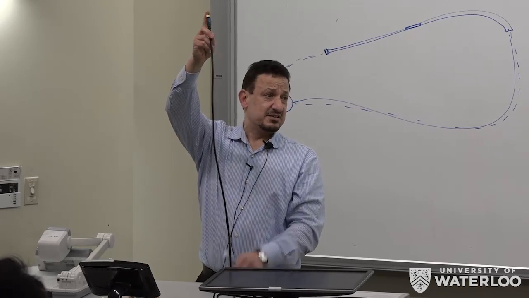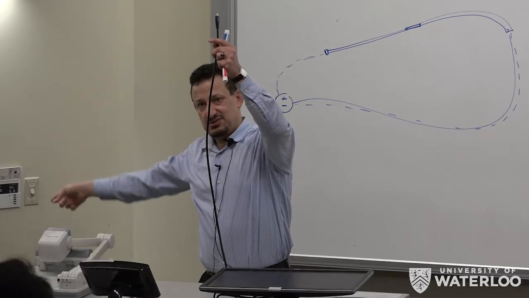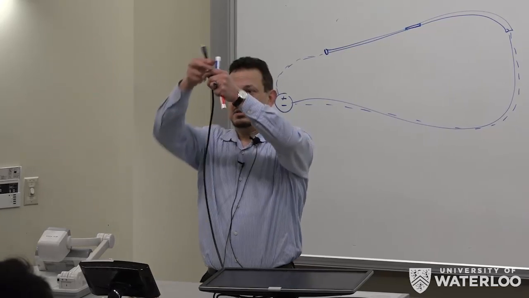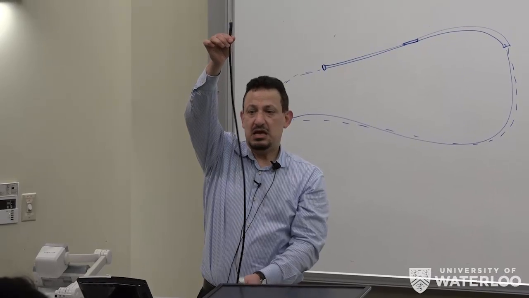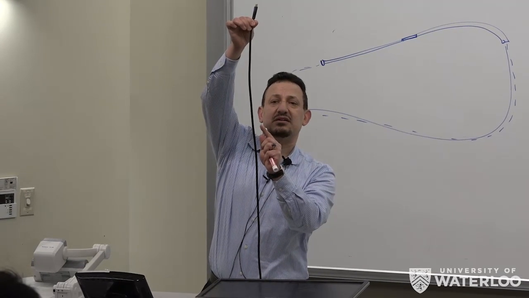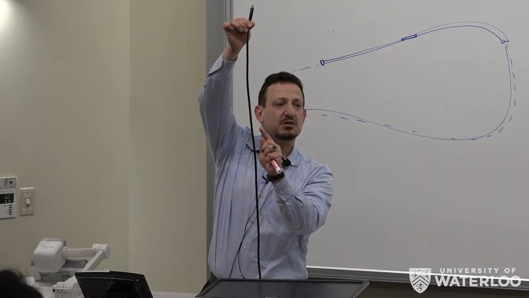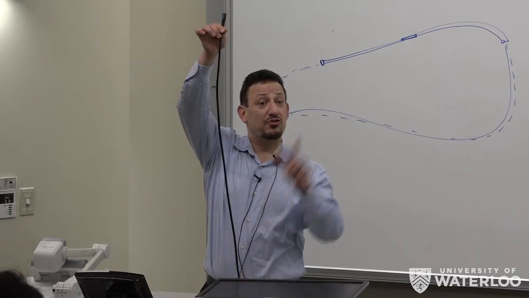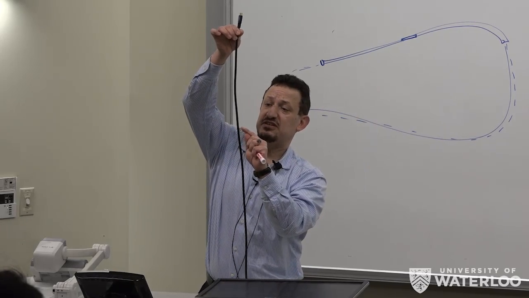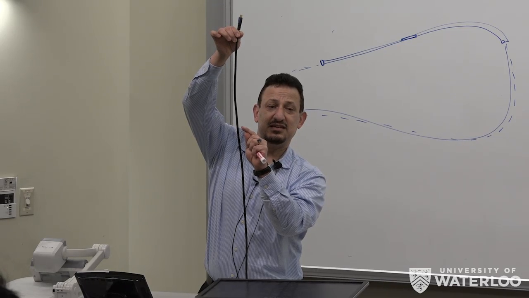Well, I need a DC current, so I have to go and turn around and put a battery and come back. But I'm just showing you part of it, okay? And I'm standing right here, very close. That's a good idealization.